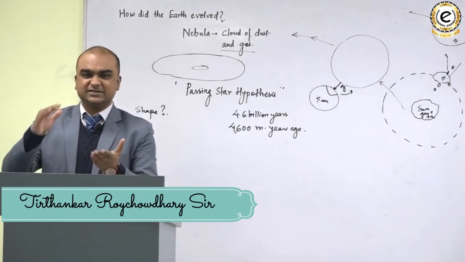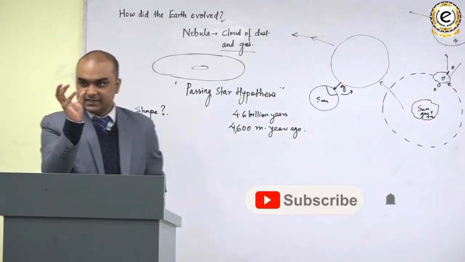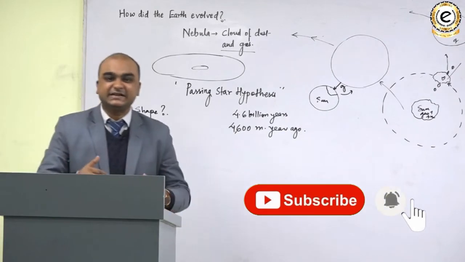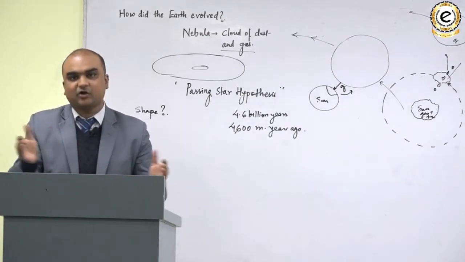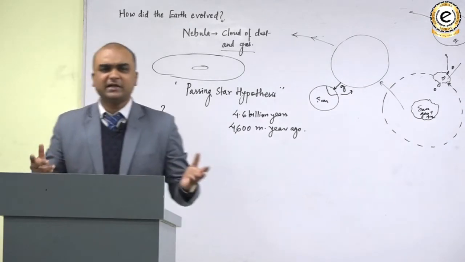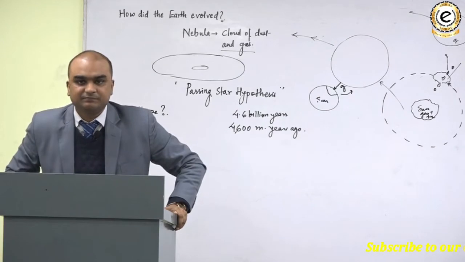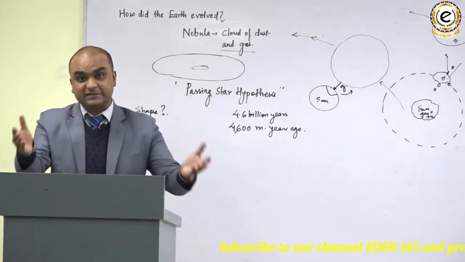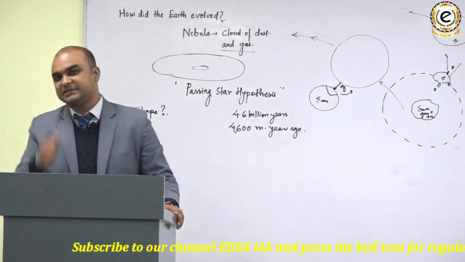What does this geoid shape indicate? Now, since the earth is rotating on its own axis, there is a centrifugal force which is experienced at the equator of the earth. There are two types of forces associated with rotatory bodies: the centrifugal force, the force which acts away from the center, and the centripetal force, the force that acts towards the center.